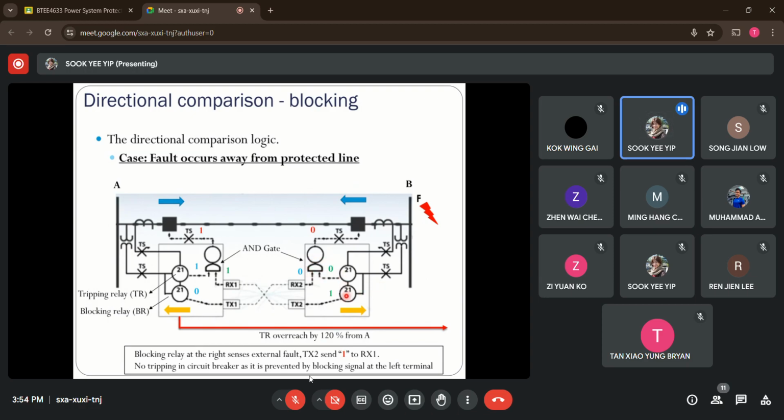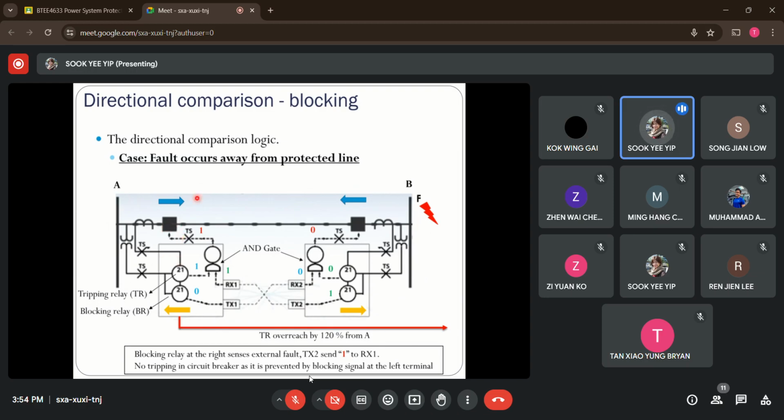But the blocking relay, looking outside, sees that there is an external fault here. As a result, it sends logic 1 to the other side. Whenever there is 1, 1 to this AND gate, it gives output 1. Output 1 means this is the blocking signal, so this relay will stop tripping.